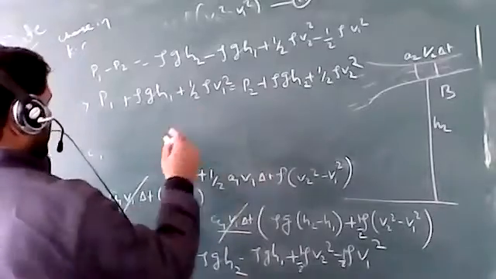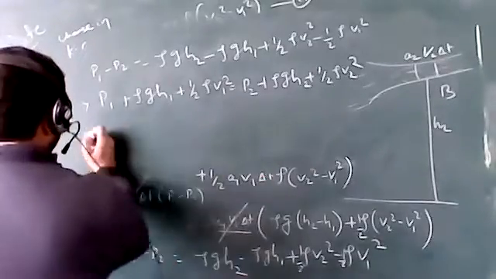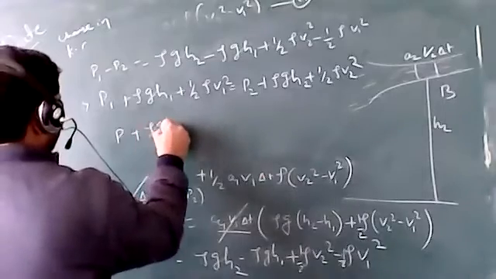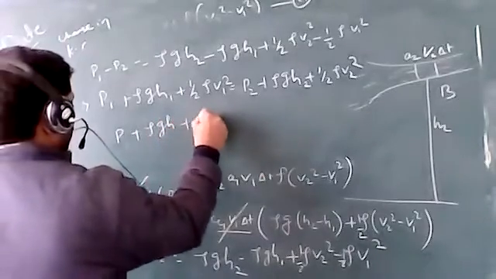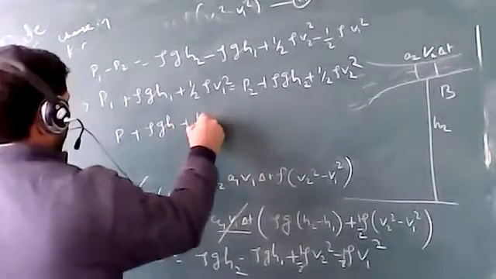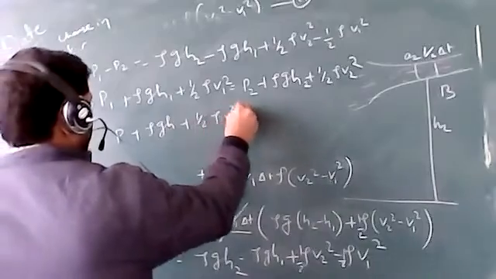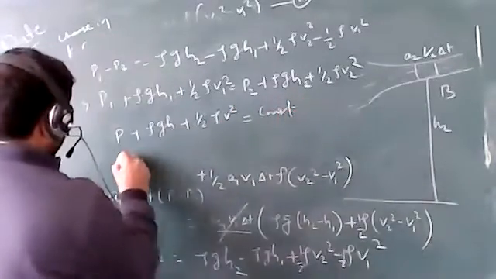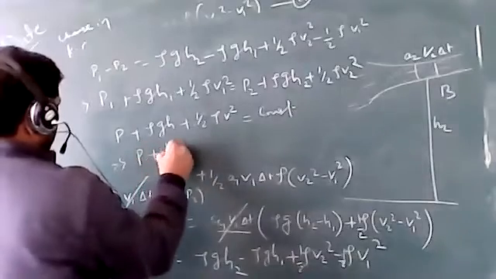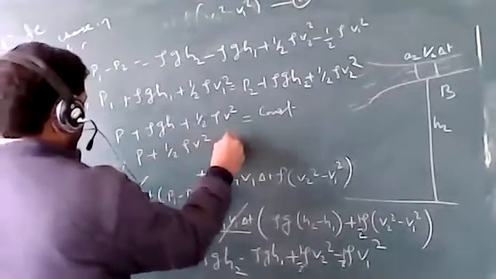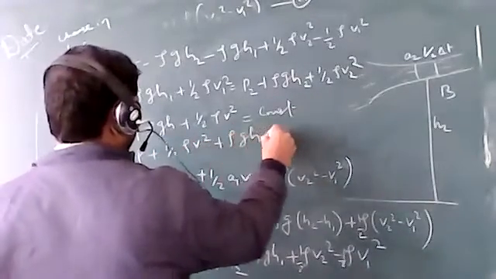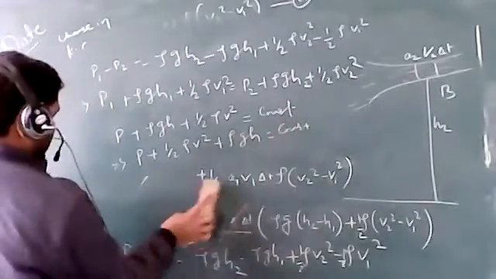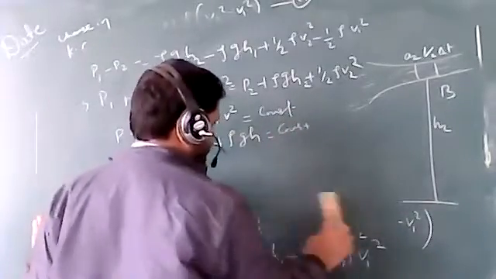Then you can write P plus half rho V square plus rho GH equal to constant. So this is the proof of Bernoulli theorem.